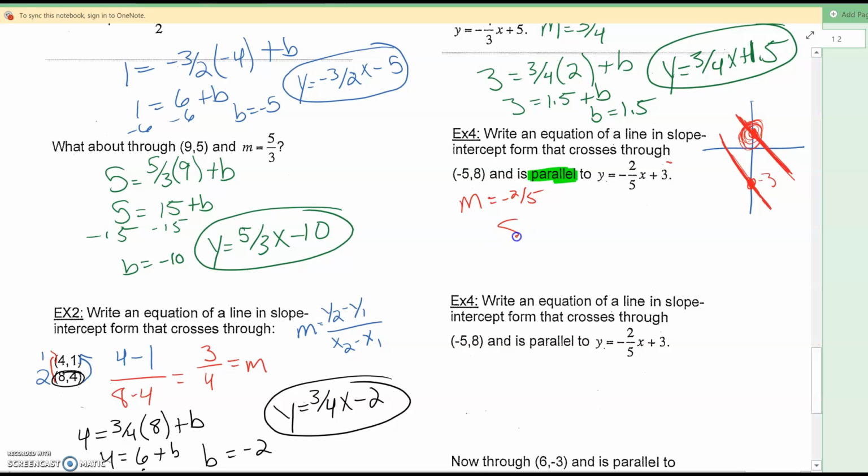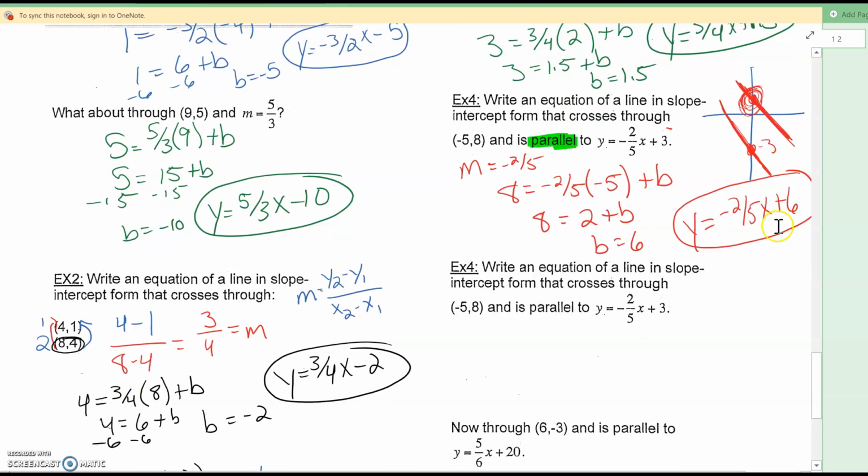So I'm going to go 8 equals m, which is -2/5, times x, which is -5, plus b. 8 equals, multiply, you should get +2 plus b, subtract, b equals 6. And you get y equals -2/5 x plus 6.